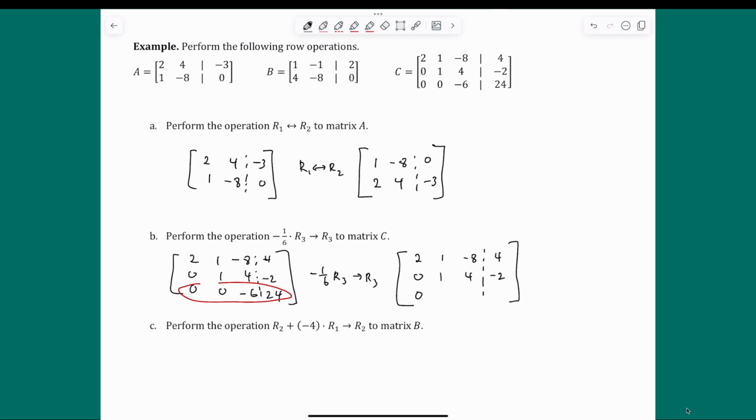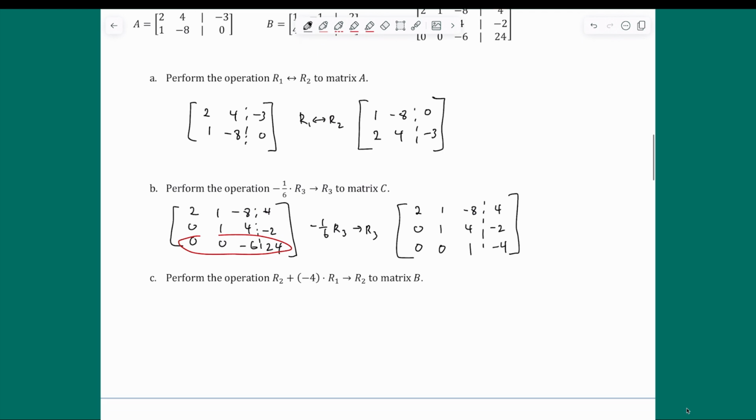The second entry in row 3 is a 0, multiplied by negative 1/6 is 0 as well. But then we have a negative 6 times a negative 1/6, which gives us a product of 1. And the last entry in row 3 is a 24, so 24 times negative 1/6 gives us a negative 4. And that would be the new matrix.